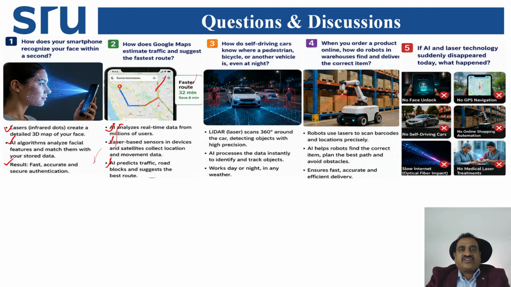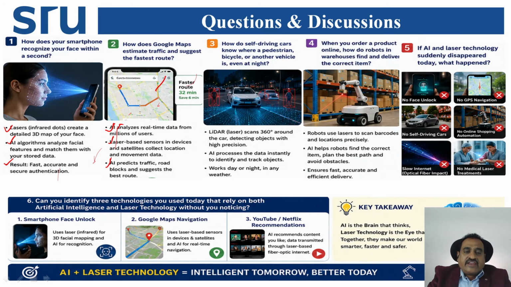So today's lesson is not simply about atoms and photons. It is also about understanding the physics that supports modern technology, using laser technology and artificial intelligence. Can you identify three technologies you used today that rely on both artificial intelligence and laser technology without you noticing?